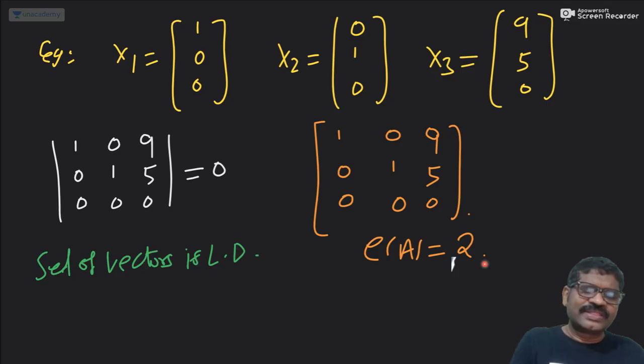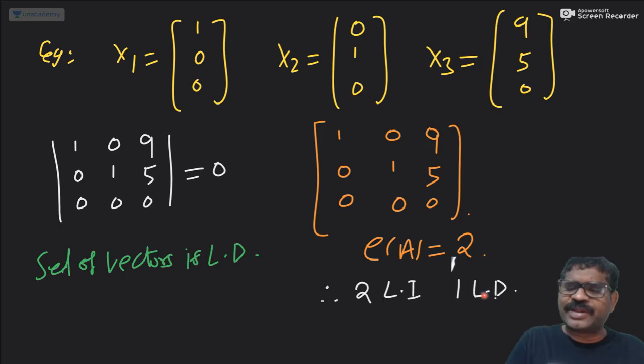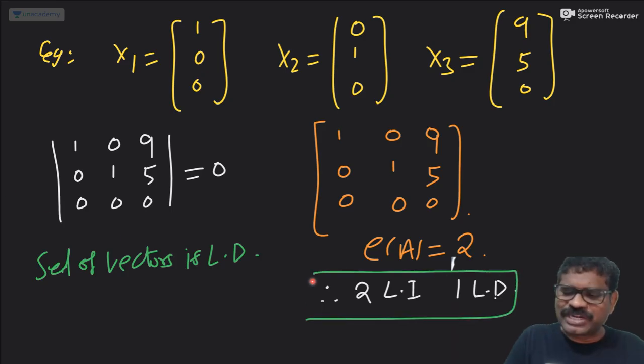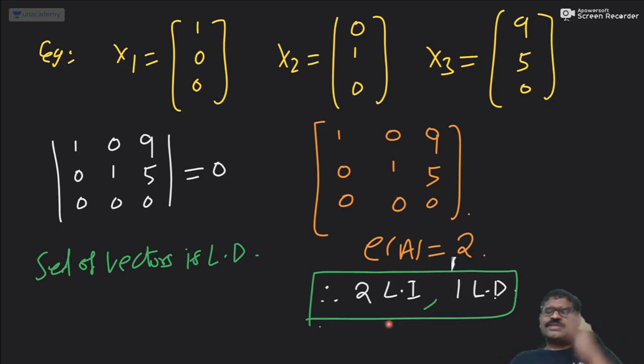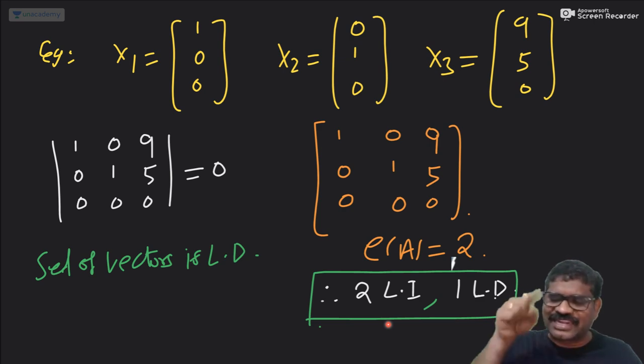Therefore, 2 are linearly independent, 1 is linearly dependent. I have to clarify one point here, because some students get confused. Sir, 2 are independent, 1 is dependent, but even if at least one is dependent, the set is dependent.